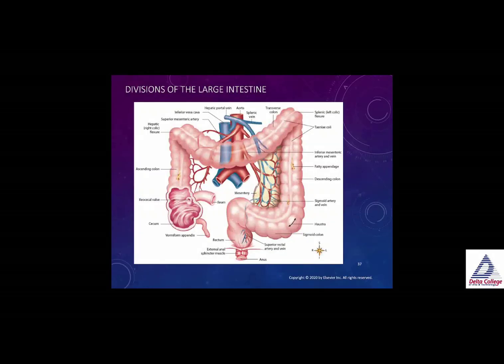And this is that image that I just described, where it comes in from the ileum through the ileocecal valve into the cecum. You can see the little appendix, a worm-like structure hanging off.